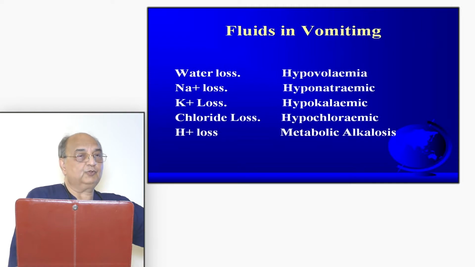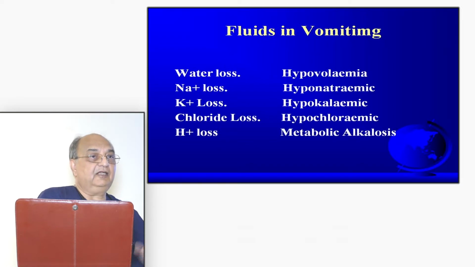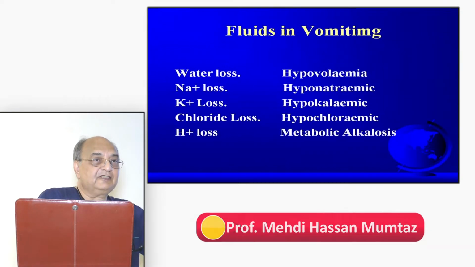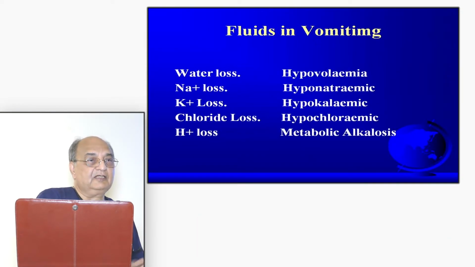The same plasma goes to the glomerulus, and it passes through the glomerulus. And the filtrate, which is in the proximal tubule, has got low sodium, no chloride, low potassium and low magnesium. So here in the proximal tubule, sodium is reabsorbed along with the water, coupled with chloride.